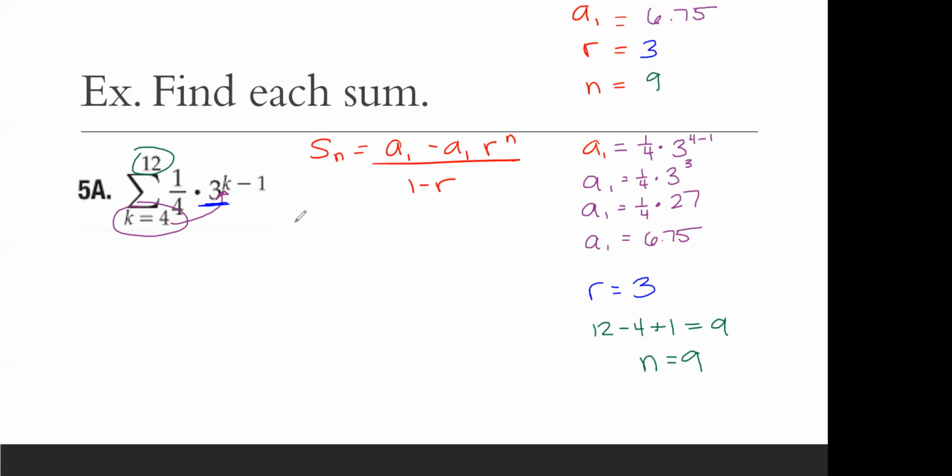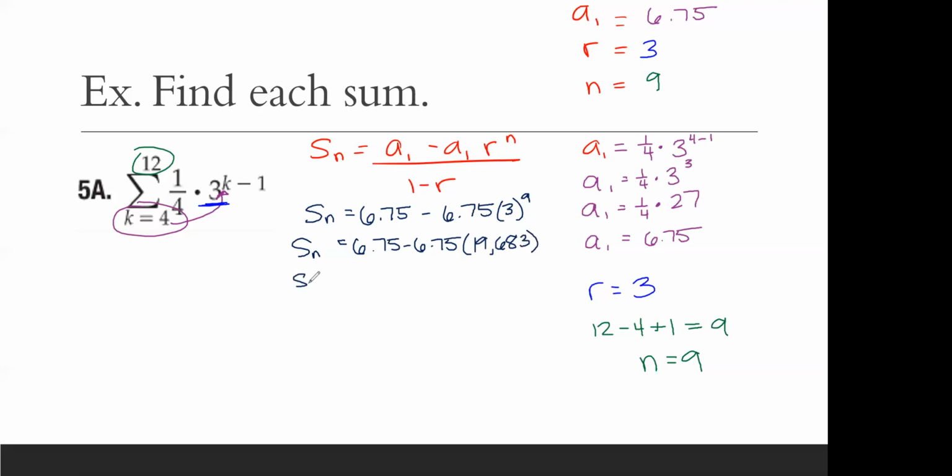So now we have our 3 values here, so we can plug that information back into our equation. So a sub 1 is 6.75. Minus 6.75 times the common ratio 3 to the power of n, which is 9. So we have S sub n is equal to 6.75 minus 6.75 times 3 to the power of 9, which is 19,683.